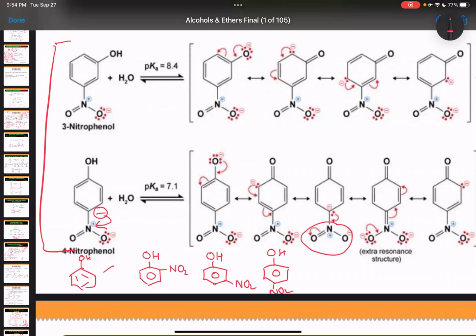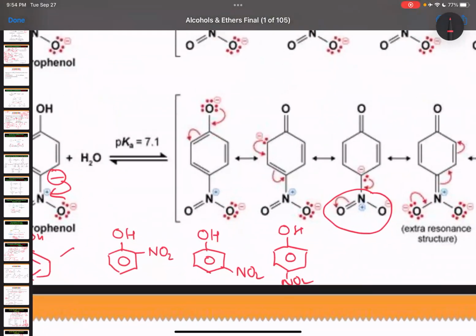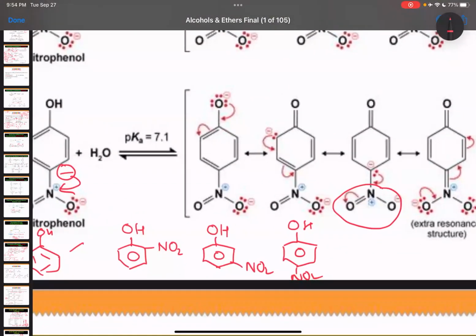So para-nitrophenol is more acidic. The nitro group is going to withdraw the electron density from the OH if it is placed suitably at the para position or ortho position, because at the ortho position also the negative charge is passing. Is it clear? Yes, sir.